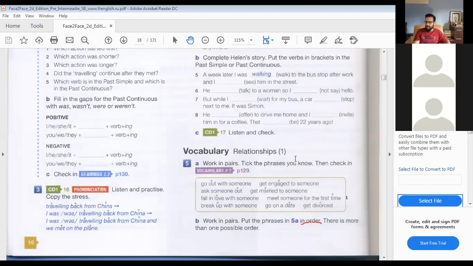Go out, ask someone out. Okay, so you think ask someone out, Malak. Okay. Yes. Next step. Go out with someone. Yes. Go out with someone.